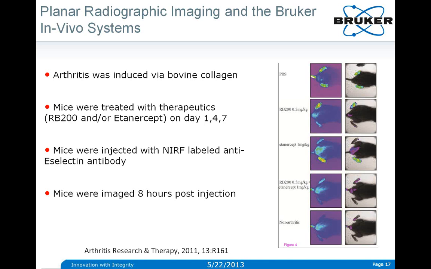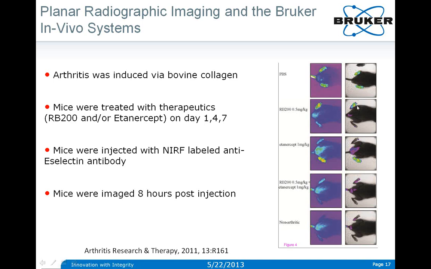and they have administered the agents individually or in combination, and then they have used an anti-E-selectin near-infrared fluorescent antibody as a marker for inflammation and arthritis in the feet pads of these animals. So you can see here with PBS we have robust inflammation.